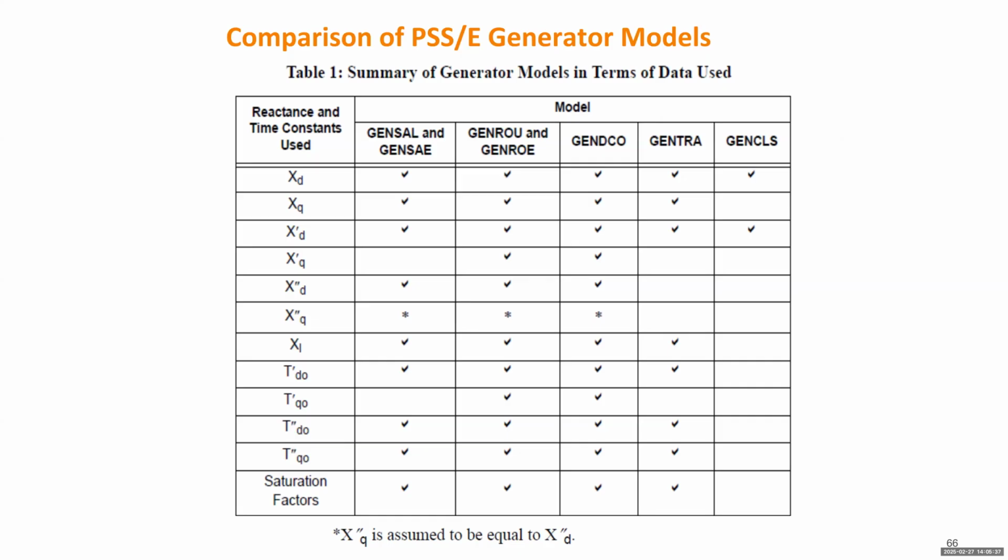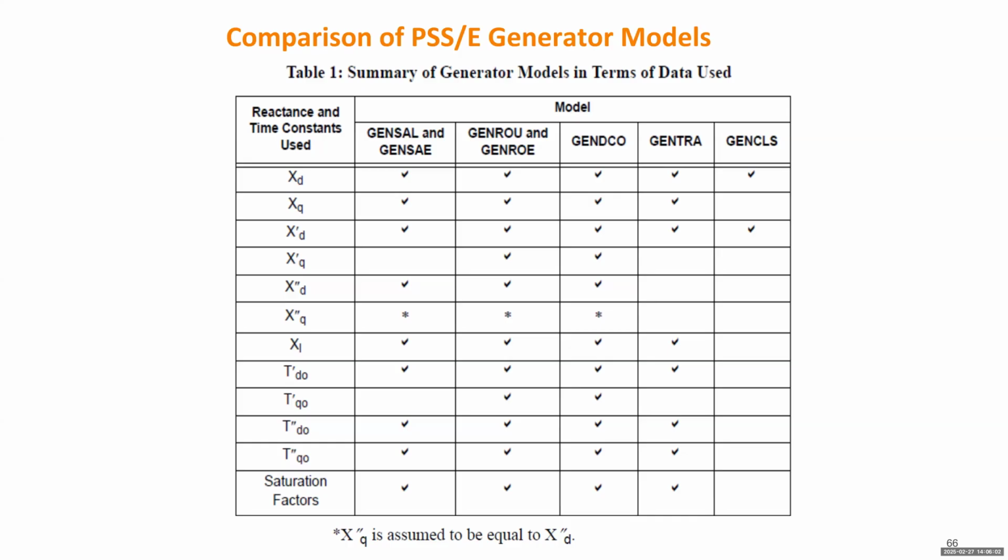So you can tell from the name, like GENSAL, that stands for salient pole rotor generator. If you check the manual, there's some detailed difference between those two, maybe a different type of salient pole rotor generator. I think E stands for some excitation feature difference.